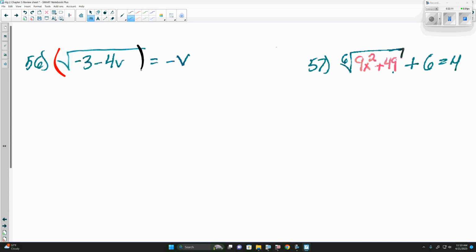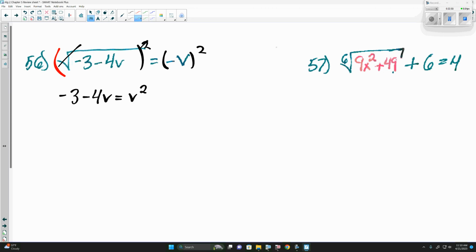So here we can square both sides. The square root and square would cancel, telling us that negative 3 minus 4v is equal to v squared, because negative v times negative v, the negative and negative would make a positive, and we get v squared.